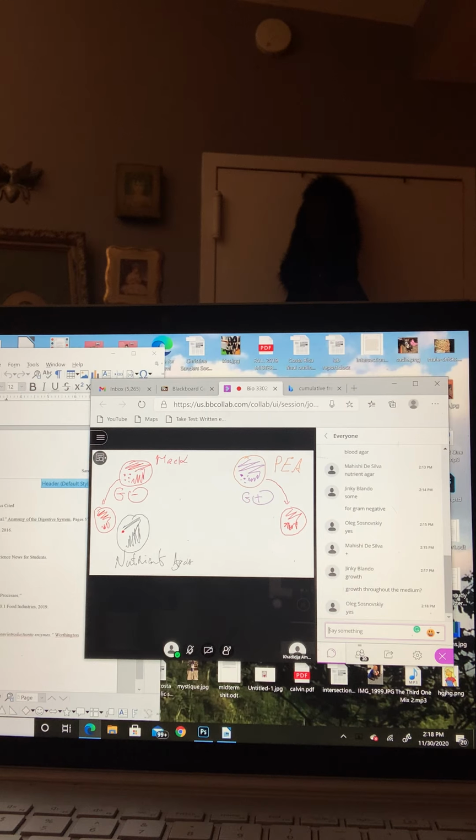You have to differentiate between these two microorganisms depending on the characteristics of the colonies. Just as an example, I make purple for Gram-positive and red for Gram-negative.